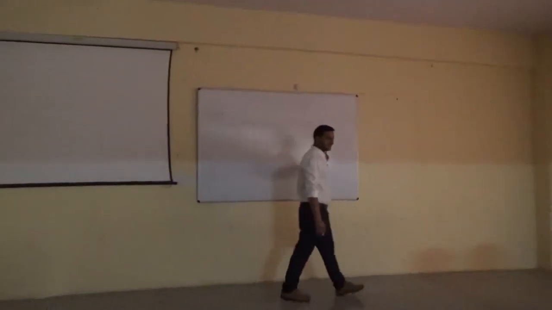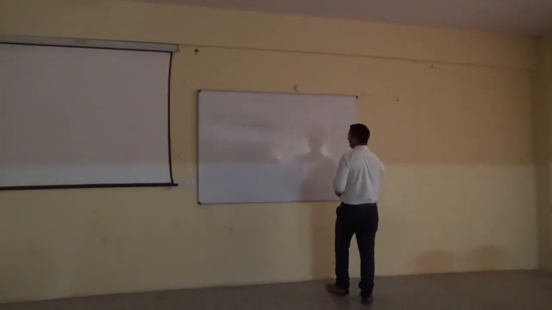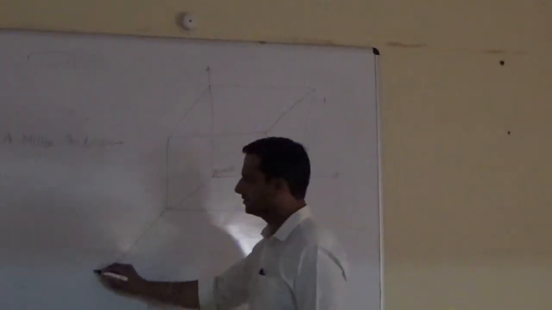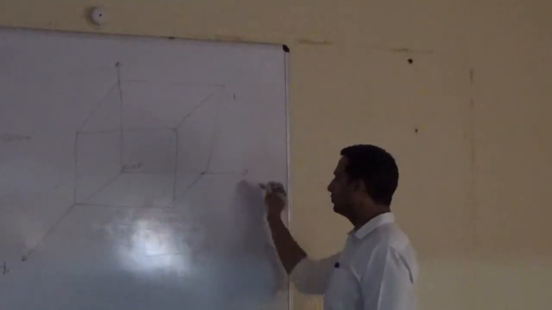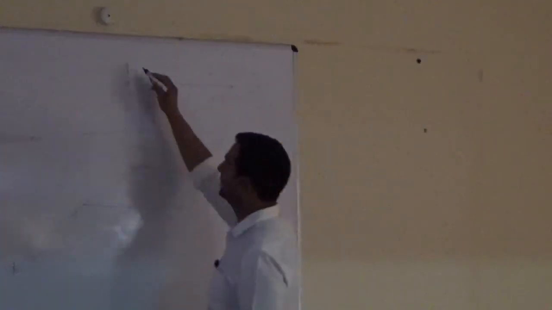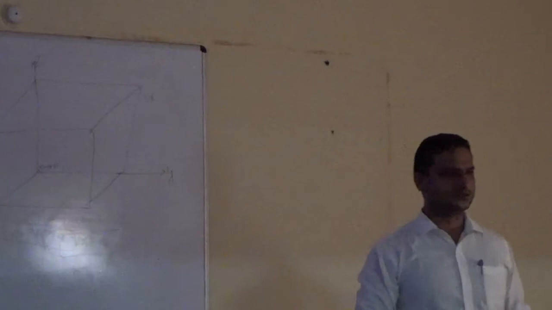He took a unit cell and described this point as the origin, with the assumption that the axis coming out of the board is the x-axis, the axis lying within the board is the y-axis, and in the vertical direction is the z-axis.